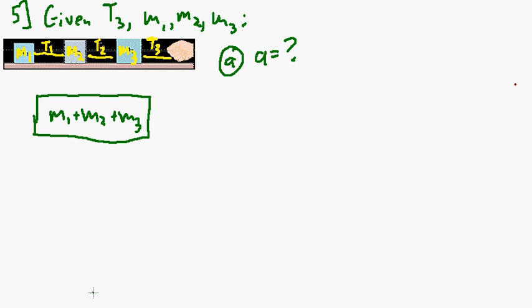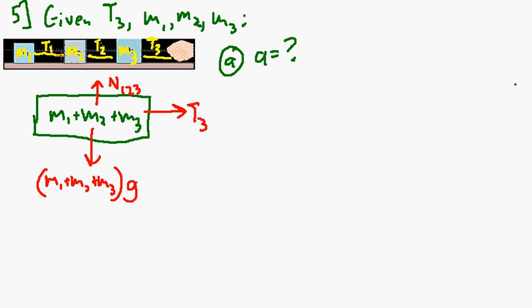So what are the forces on this thing? Well, there's M1 plus M2 plus M3 times g. Going up, we have the normal force, the total normal force for all of them. And then to the right, we have T3. T2 and T1 are internal forces within this system, so we don't represent them. We only represent the forces from the outside, like T3, where we're just being pulled on by this hand.